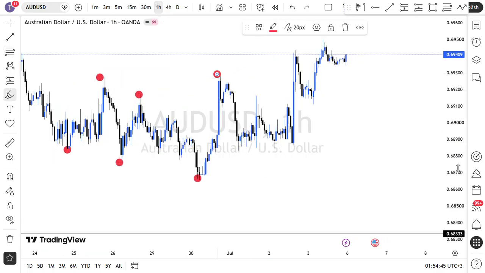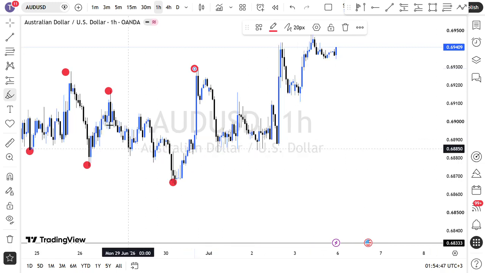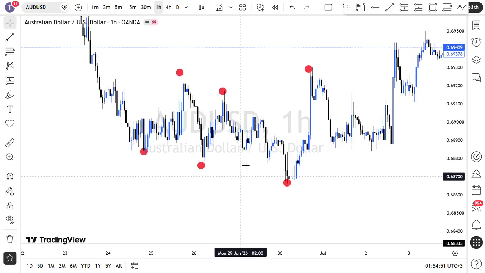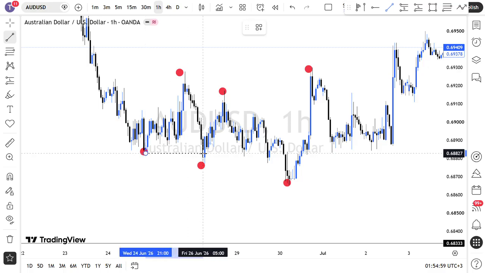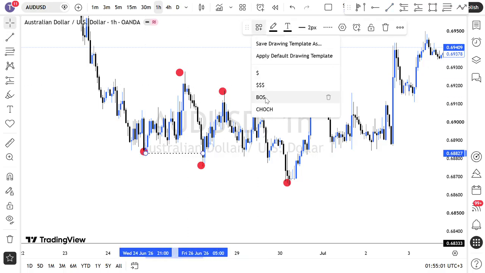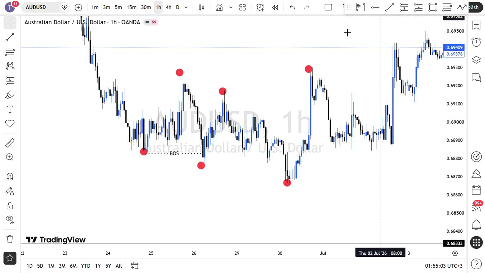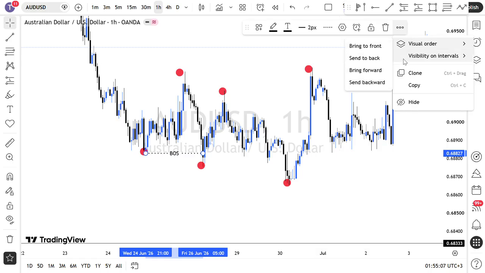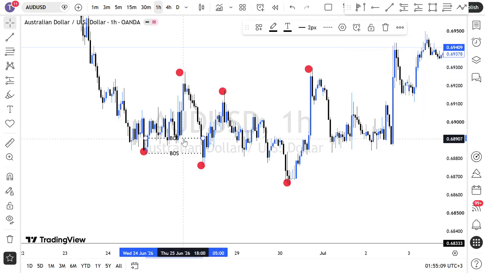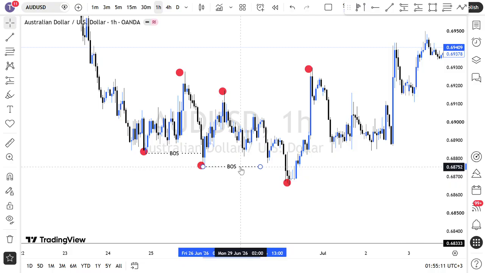If I zoom into the 1 hour time frame, you can see that clearly. We have some beautiful structures here. We had this high, and we had the break of structure here, a very good break of structure. If I mark it there, we have that break, and then we also have another break to the downside, this break here as well.